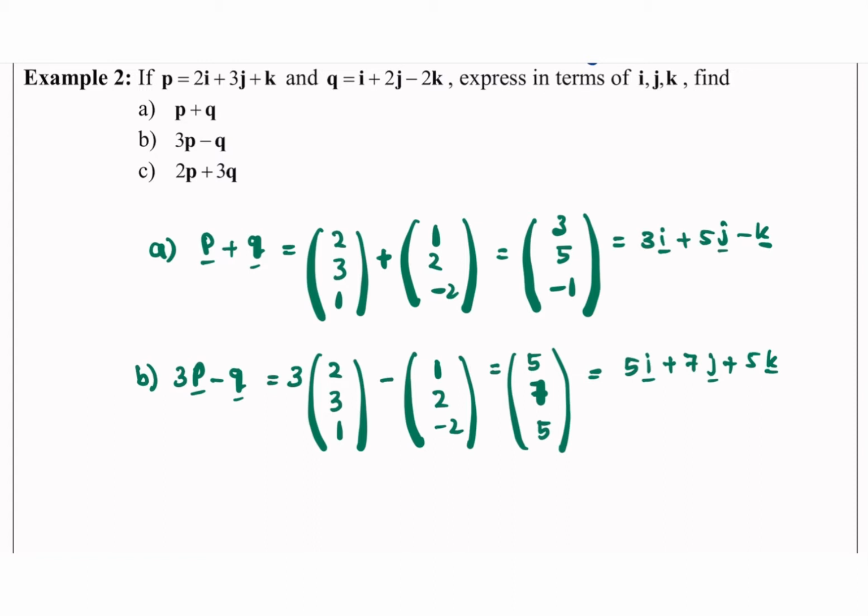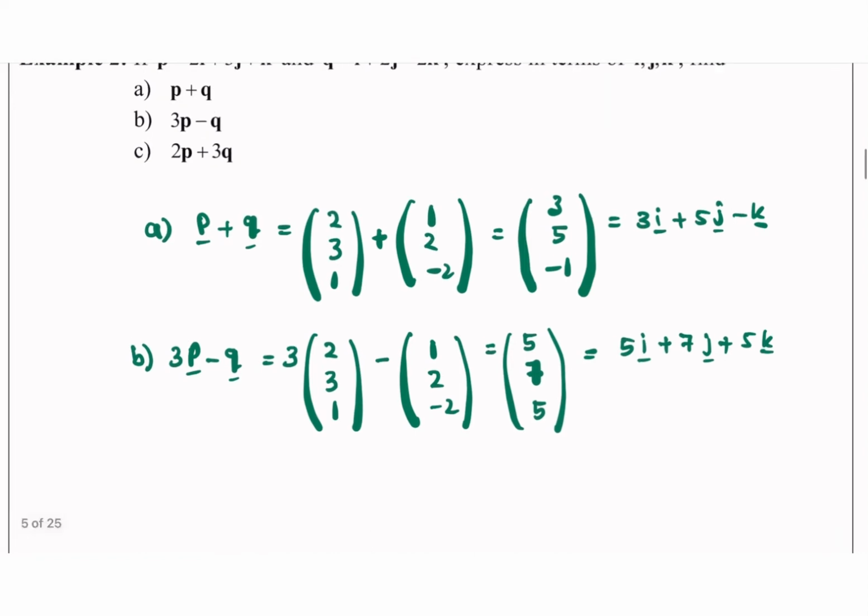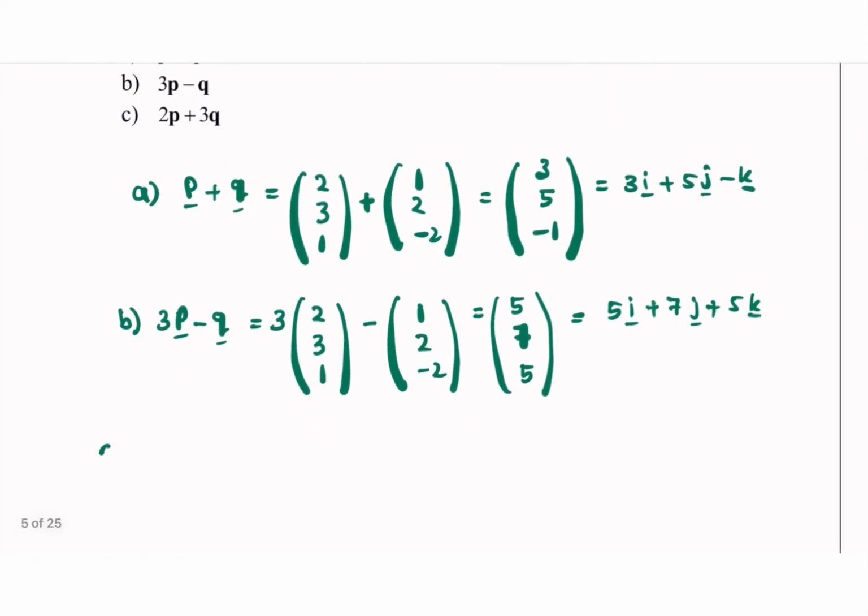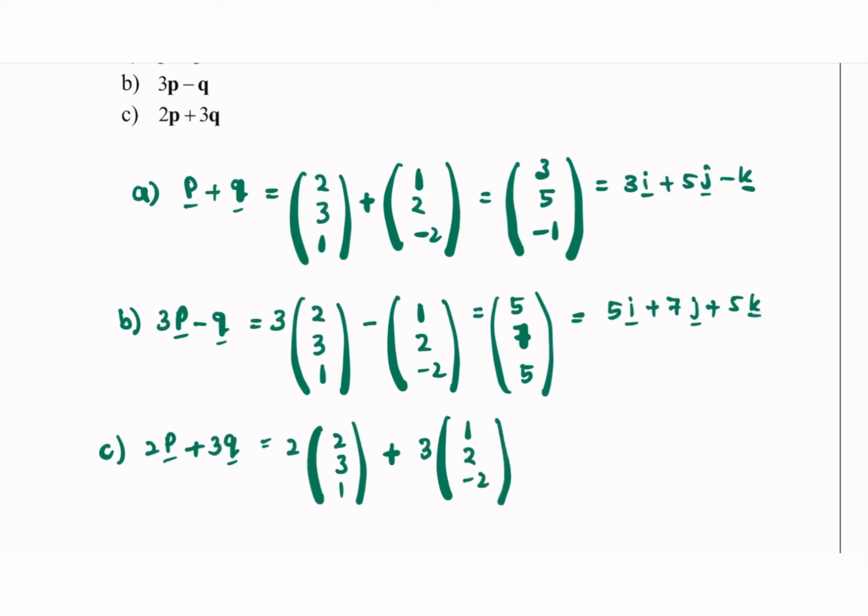Now let's look at question C. Vector 2 times vector P plus 3 times vector Q. So, apa jawapan dia adalah, kita buat je macam tadi. 2 vector P tambah 3 vector Q. 2 darab vector P, (2, 3, 1), tambah 3 darab vector Q, (1, 2, negatif 2). So, ni akan jadi 2 darab 2, 4.